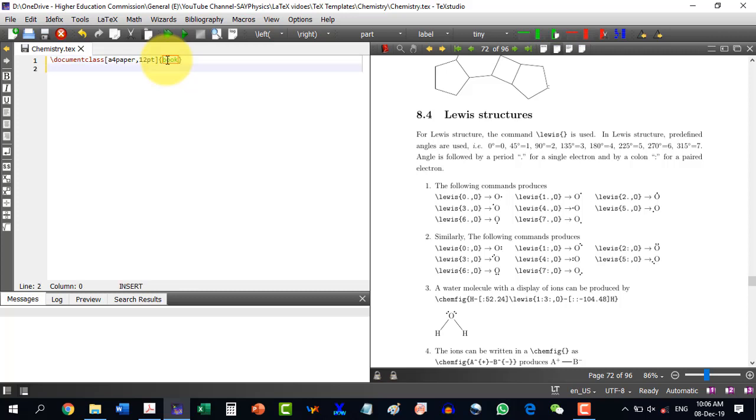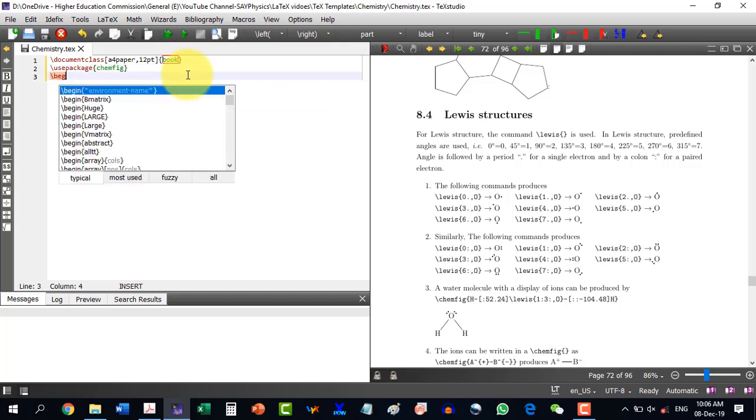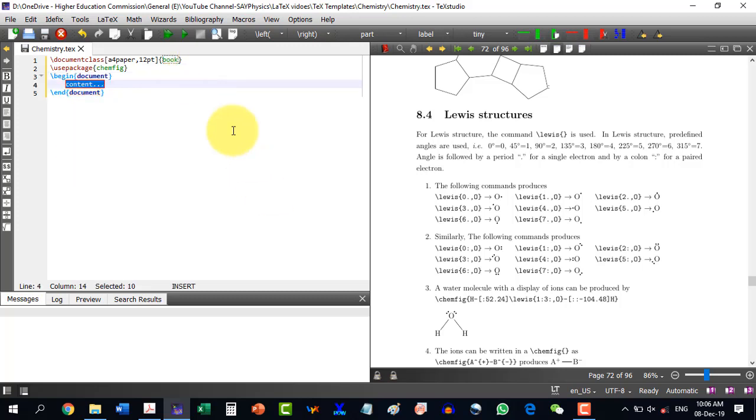Now we will paste our chemfig package, and then we will start with a begin document, and end document will come automatically. Okay, now our content will start here.